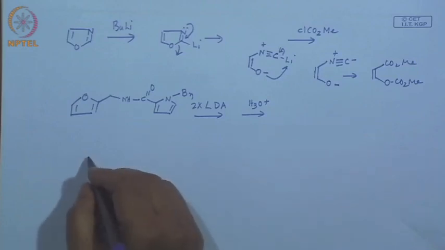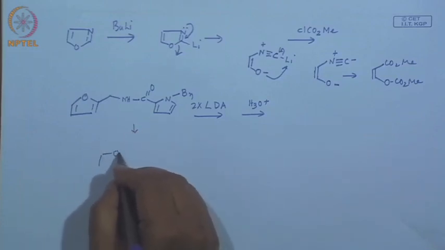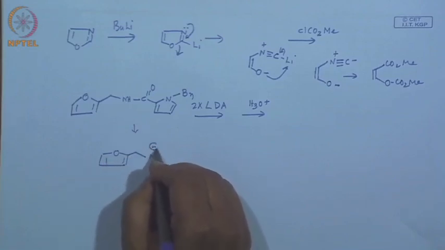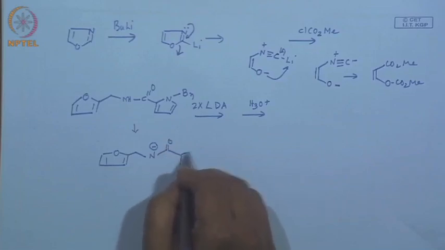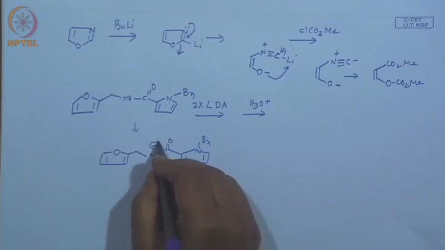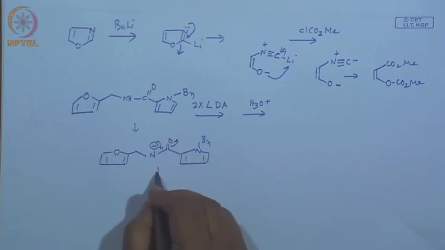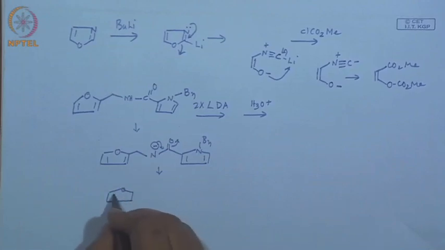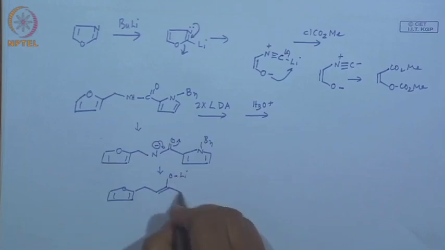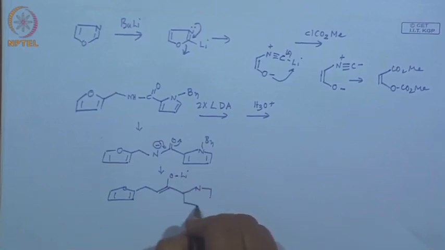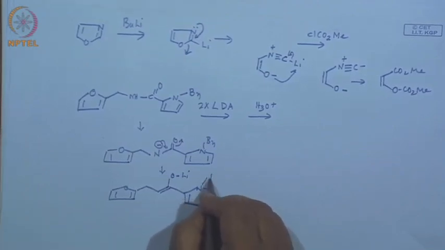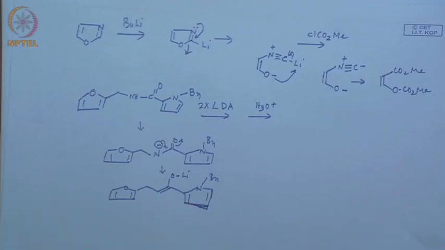The first equivalent would give rise to the formation of a minus charge here, then this pyrrole unit, as all of us know, should undergo resonance stabilization, and eventually it would give lithium there. Then you have the benzyl.